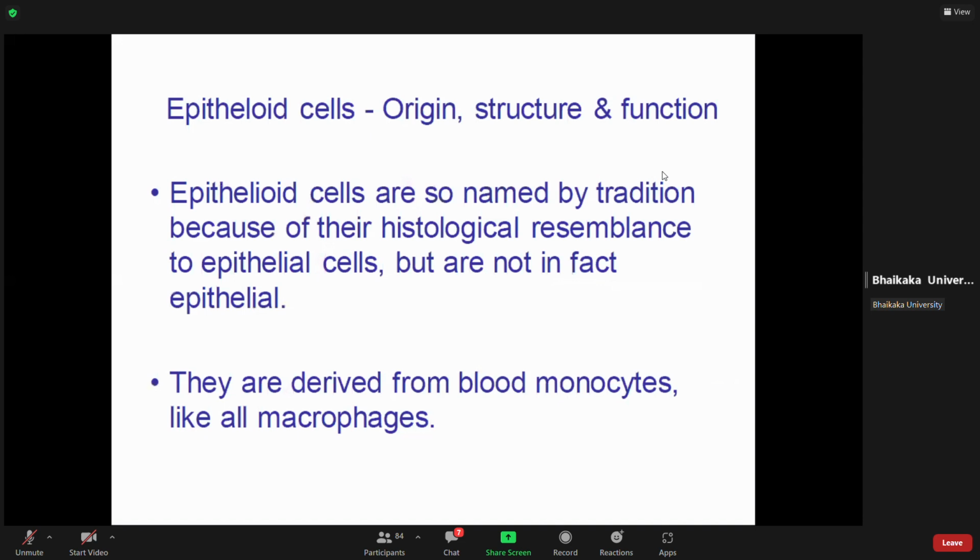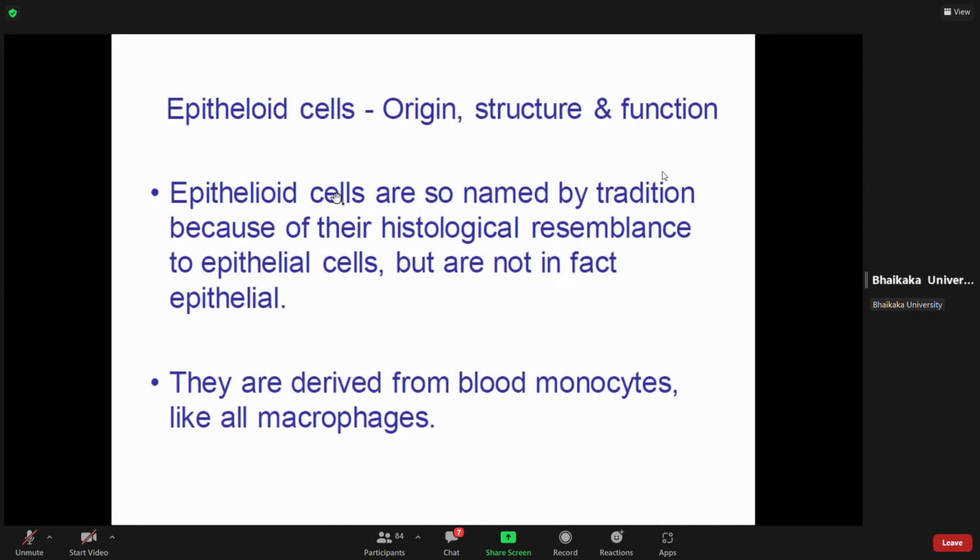So that was granuloma. Now all these cells will be studied in detail further. We have seen epithelioid cells. They are either activated or modified macrophages. What is their origin? What is their structure and function?